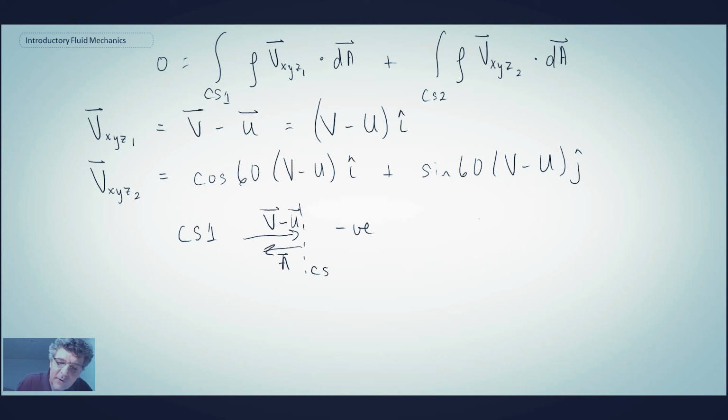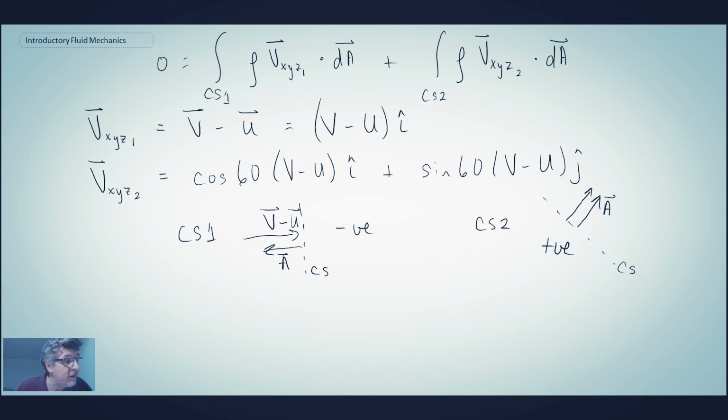For control surface 2, we had a control surface that was angled. Again, the area vector is moving in that direction, and our velocity vector is going in the same direction, so that will be a positive.